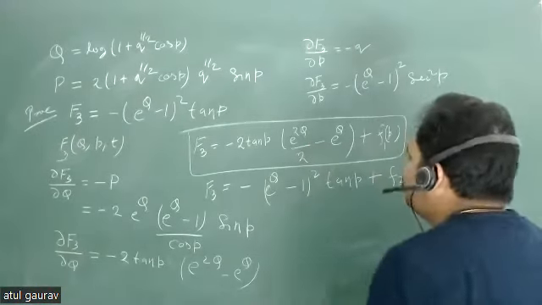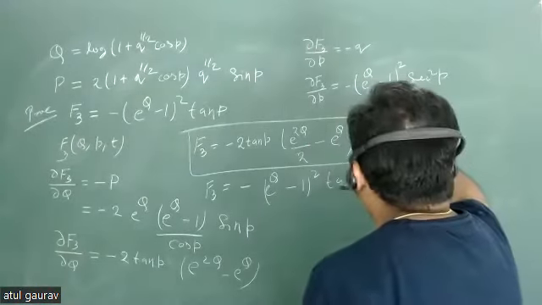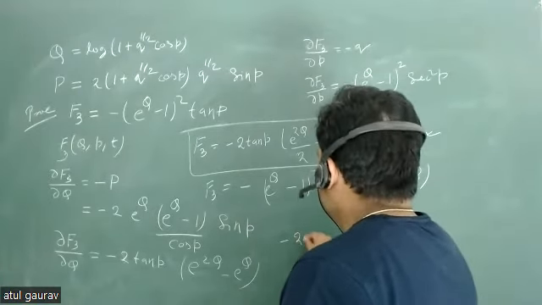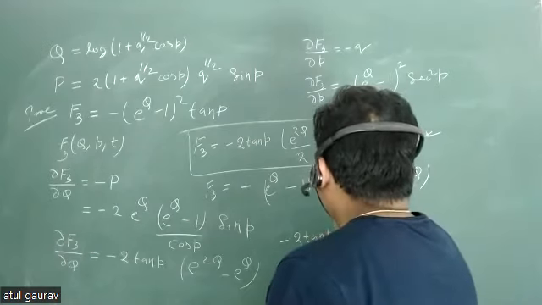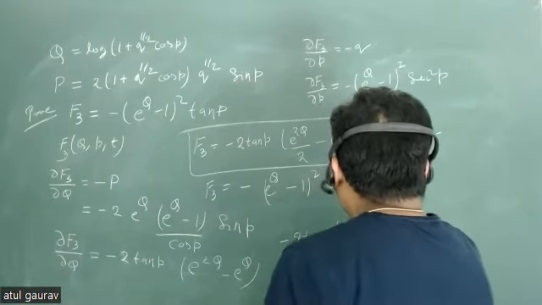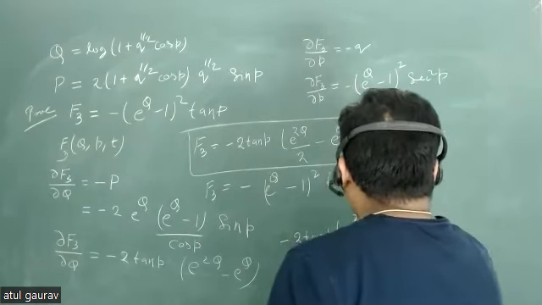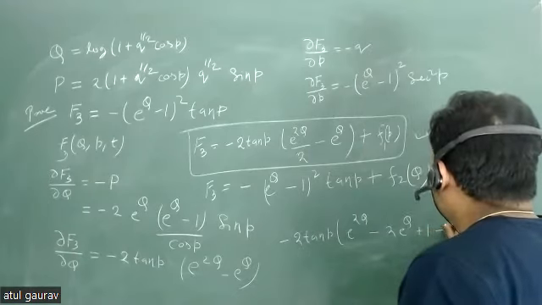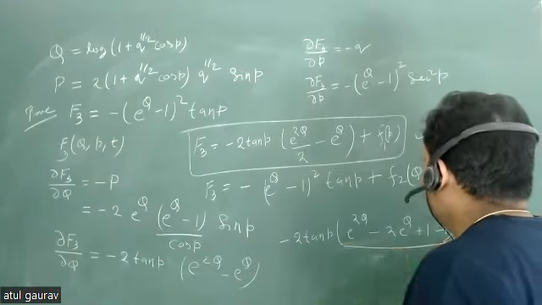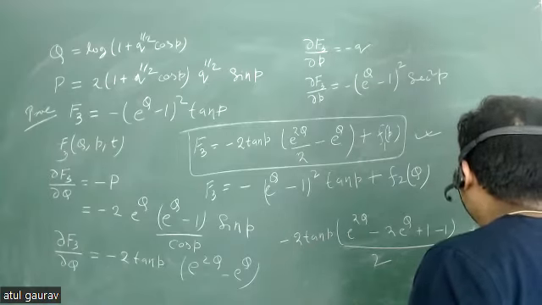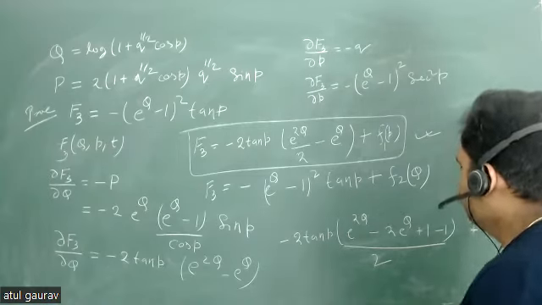So here I am just going to make the manipulation into this. What am I going to do? Minus 2 tan p, I can write e to the power 2q minus 2e to the power q. So I can add plus 1 and subtract 1, and by 2 is there, and plus f1 of p is there. Can I do this thing?